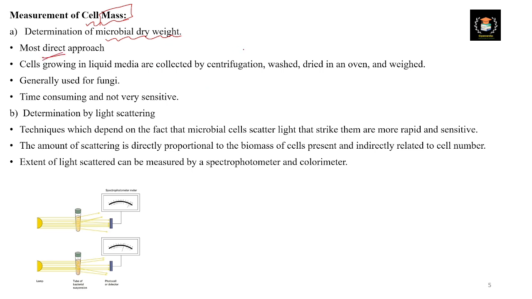What you will do is, you're having a flask. You inoculate your sample, let it grow, and then once it becomes turbid, you take your sample in a Falcon tube or in an Eppendorf. You centrifuge it.